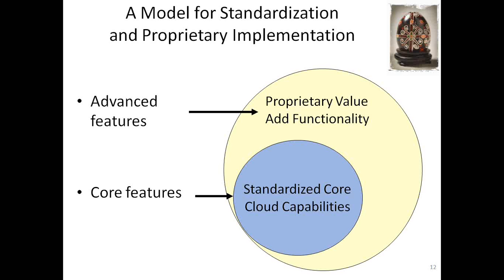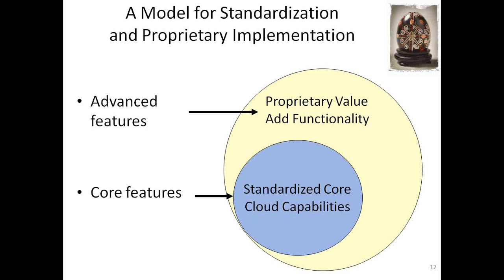It is difficult to standardize the cloud for the very reason that PaaS and SaaS of different companies are proprietary by nature. So proprietary implementations cannot be standardized. To deal with this problem, NIST has come up with a standardization model where companies can add their proprietary implementation as advanced features over core features which need to be standardized.